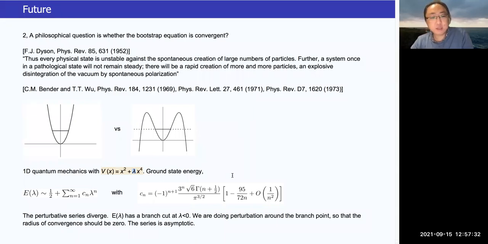So we are doing perturbation around the branch point, so the radius of convergence should be 0, right? So the series is asymptotic. However, these bootstrap equations are working in the finite coupling region, where you are away from the branch point, and therefore there's probably some chance it gives us a convergent answer in the end. That's actually the most important motivation for my working on it.